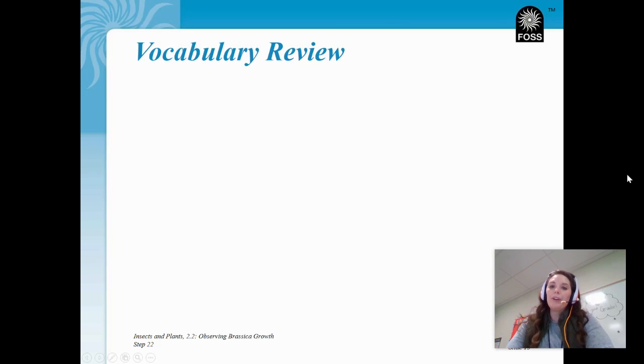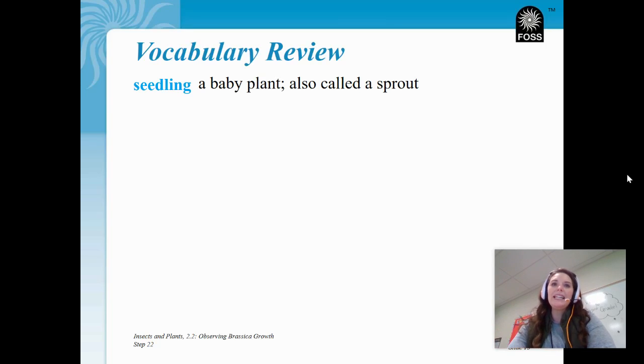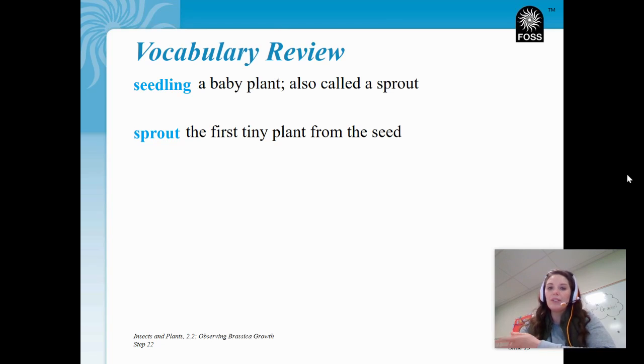Let's review some important vocabulary for plants. A seedling. A seedling is a baby plant, also called a sprout. A sprout is the first tiny plant from the seed. So on Monday, you probably saw a seedling or a sprout in your cup.